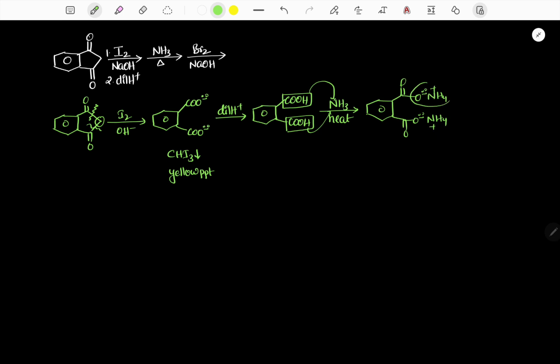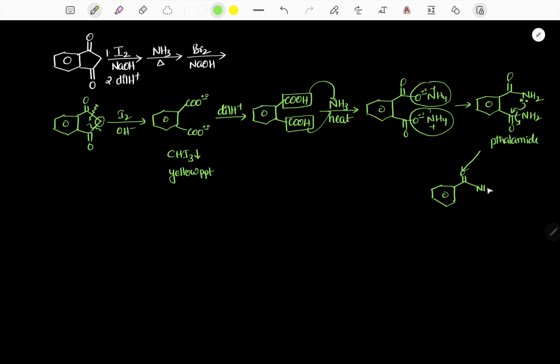Now it loses water from this part, and it further reacts by an intramolecular SN2 type of reaction. Finally it gives the corresponding phthalimide. It is a phthalimide compound.